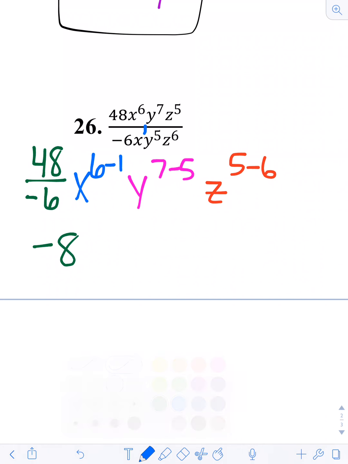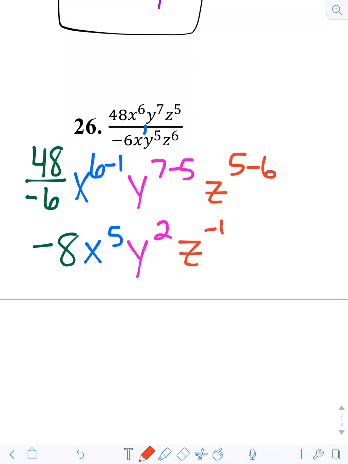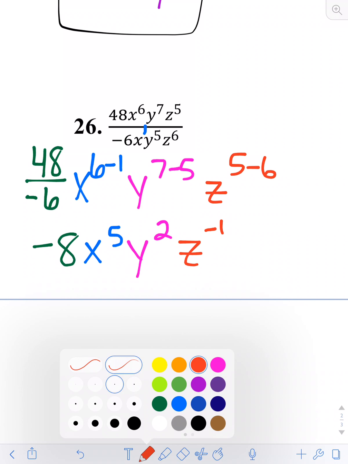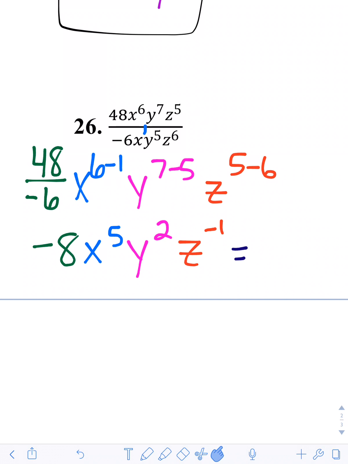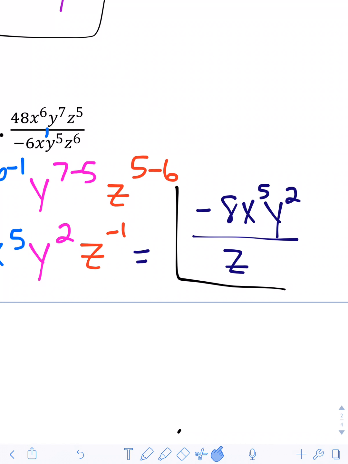We have x, 6 minus 1 is 5. We have 7 minus 5, which is 2. And then we have 5 minus 6, which is a negative 1. Okay, so remember, you can't have the negative exponent. So your final answer, and I'll rewrite it, is going to be negative 8 x to the fifth power y squared, all of that divided by z, because we have to get that negative exponent gone, so we put it in the denominator. And that is your final answer.